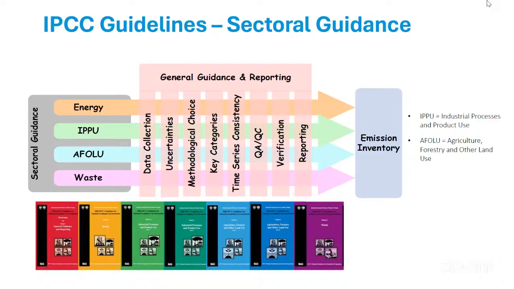And then there is waste as a fourth sector. So these guidelines are available online. They give you guidance on how you collect the data, how you measure the uncertainties, how you select the different methods, how to do your analysis, how to do your quality assurance, and then the verification of the results.